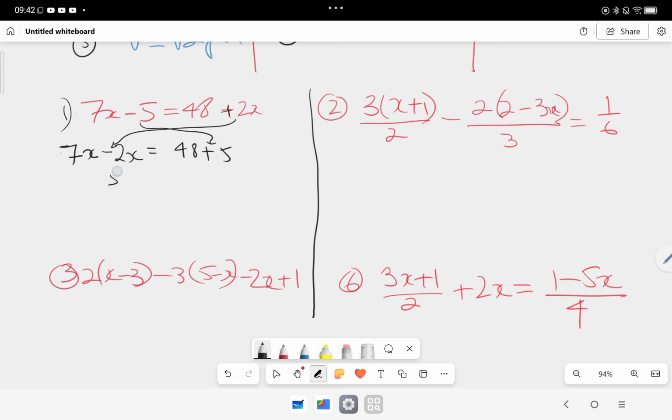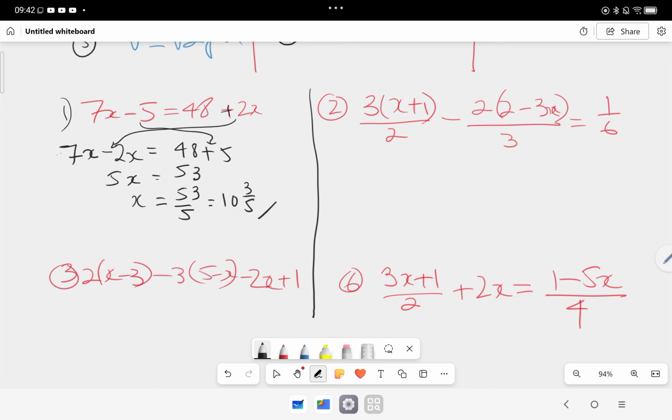So there will be 5x is equal to 53. Therefore, x equal to 53 over 5.